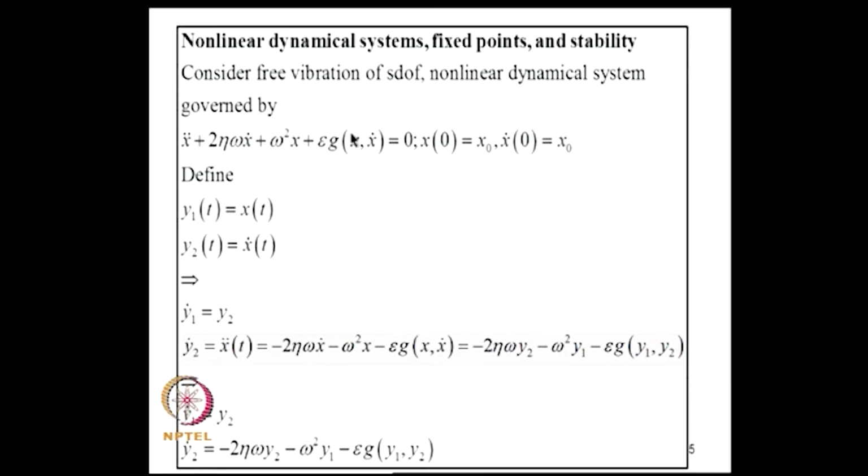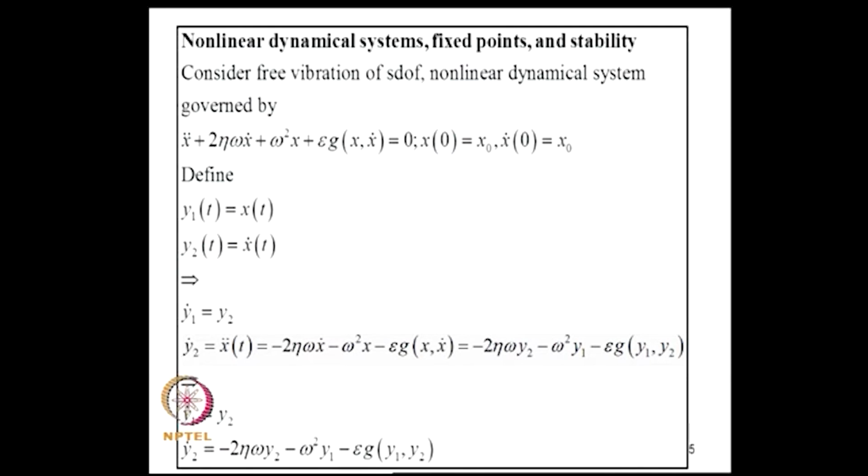We will introduce a new set of dependent variables. I will call x of t as y1 of t and x dot of t as y2 of t. Clearly y1 dot of t is x dot of t, but x dot of t is y2 of t, therefore y1 dot is y2. y2 dot of t is x double dot of t, which we derive from the governing equation: x double dot is minus 2 eta omega x dot minus omega square x minus epsilon g of x comma x dot.